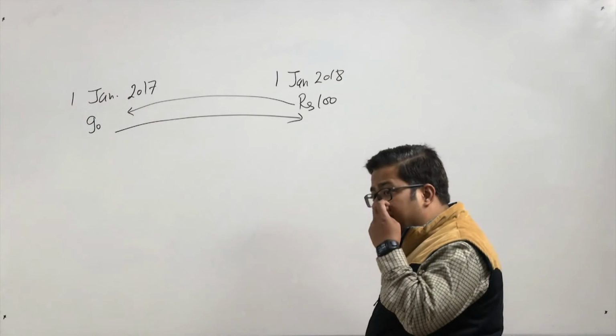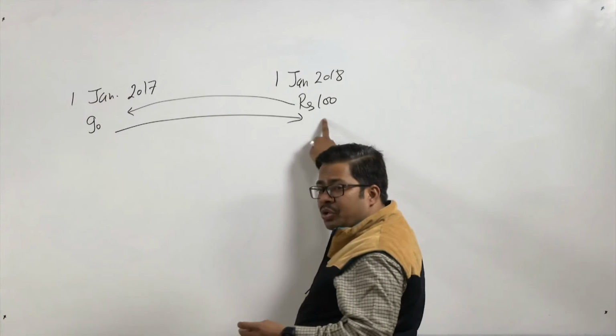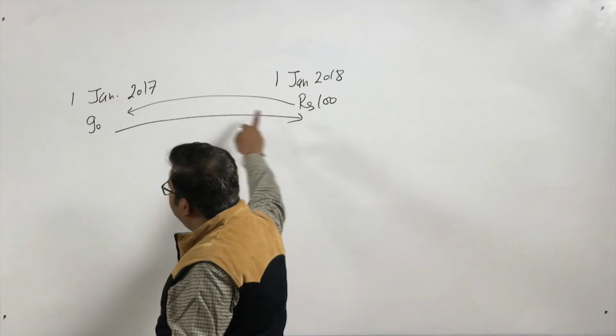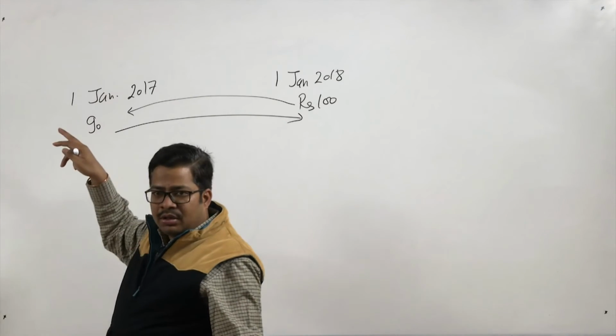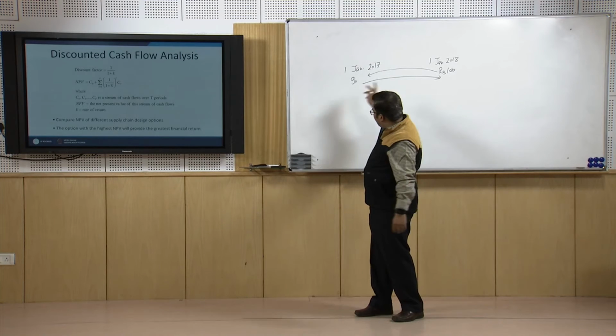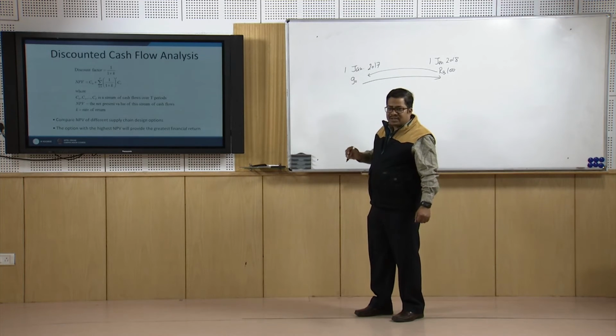So I need to calculate that if I am going to get 100 rupees tomorrow, what is the value of that 100 rupees in today's context? That is the use of the discount factor.